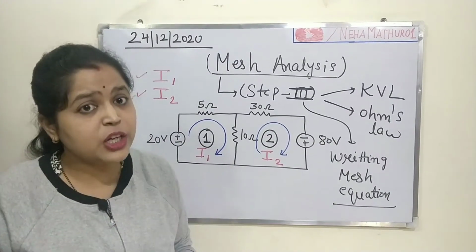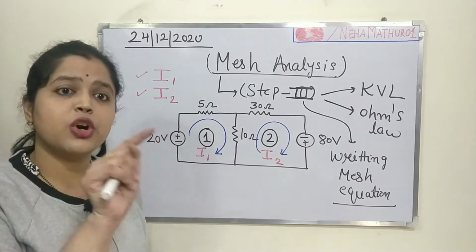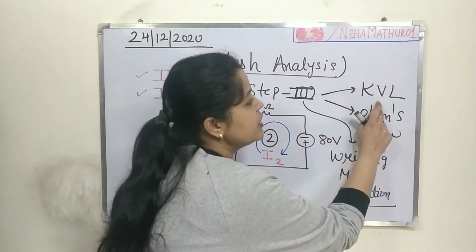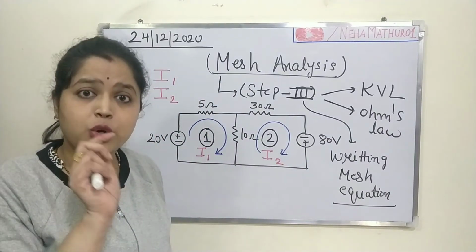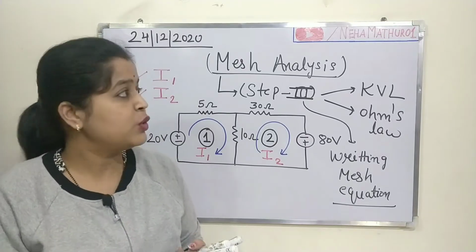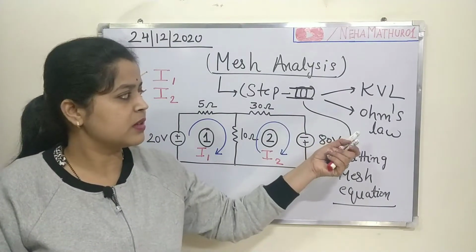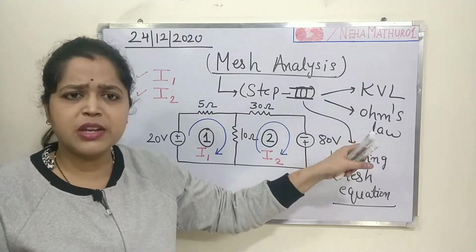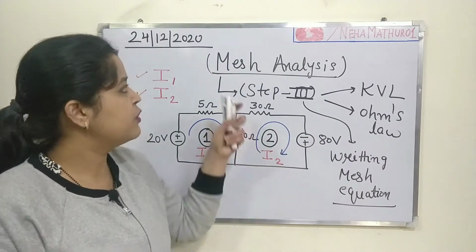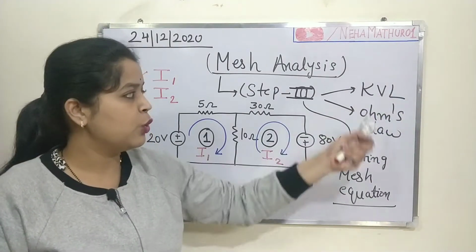But now instead of KCL, you will have to opt for the second option of Kirchhoff's law, and that is KVL. So remember this concept: whenever you go with nodal analysis, you will have to use KCL, and Ohm's law is standard. Ohm's law is compulsory in both cases. Similarly, if you are using mesh analysis, then you will have to use KVL with Ohm's law.